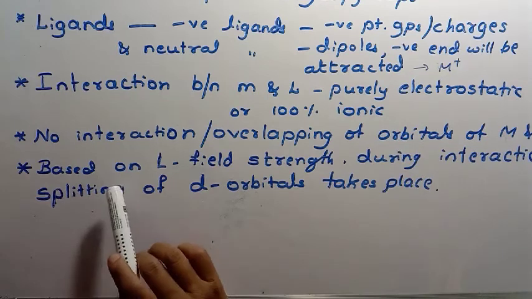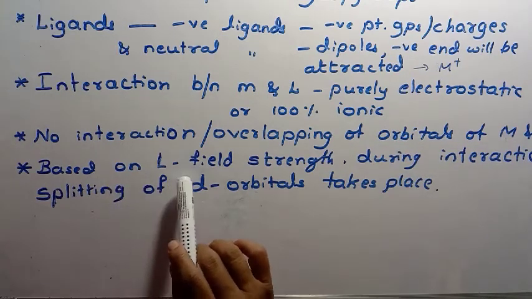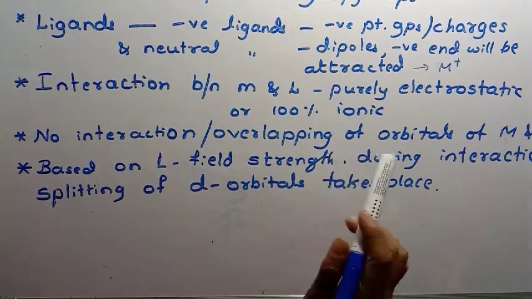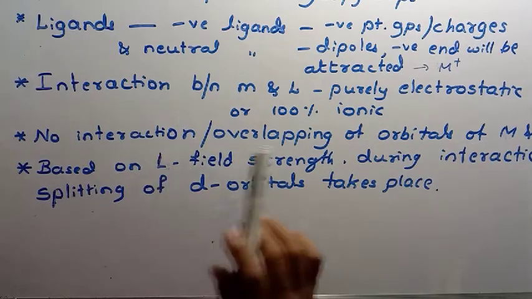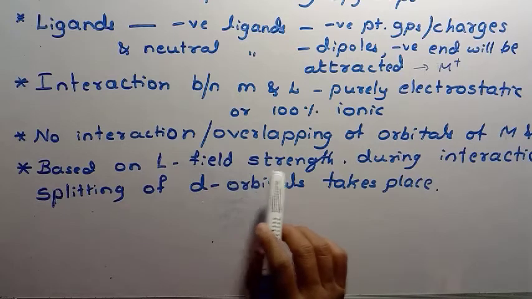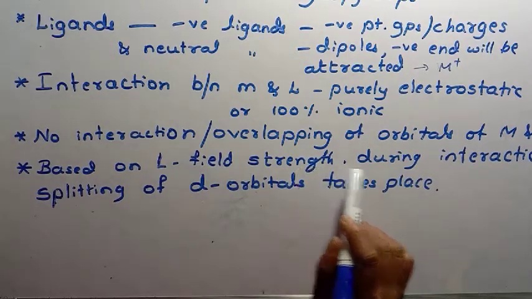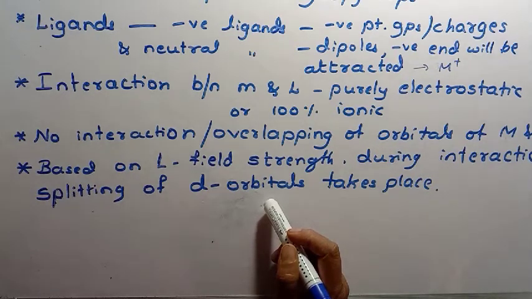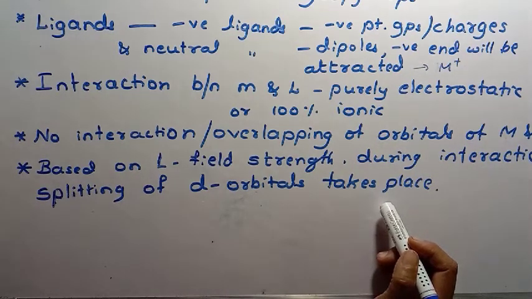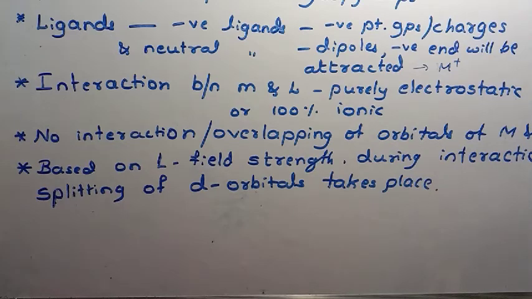And the last one is based on the ligand field strength. When the ligand approaches the metal ion to interact, based on that strength, the splitting of d orbitals takes place. Now, with this, we'll move on to the next one.